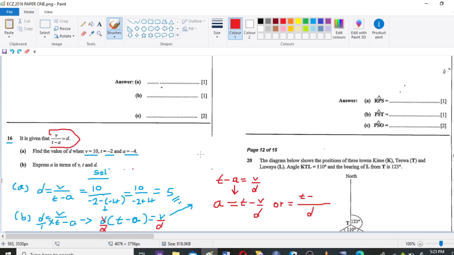So this is how we can express a in terms of t, v, and d.